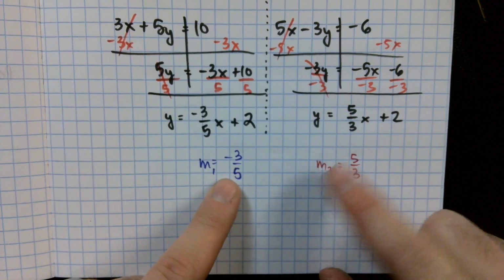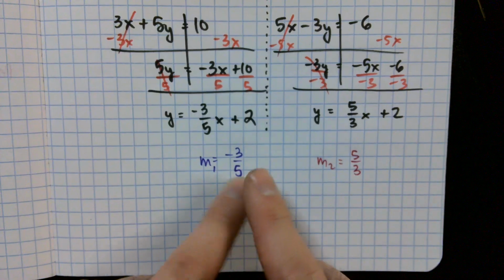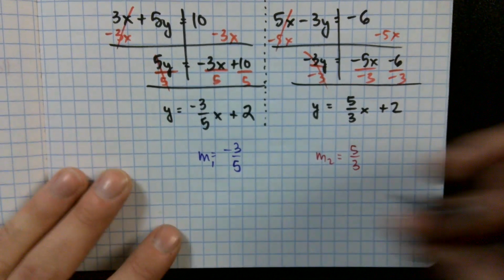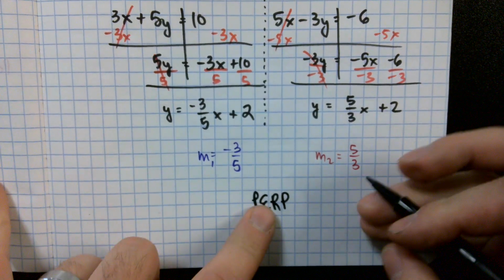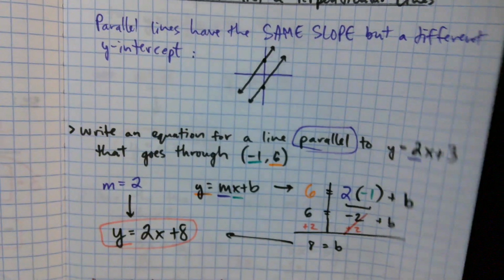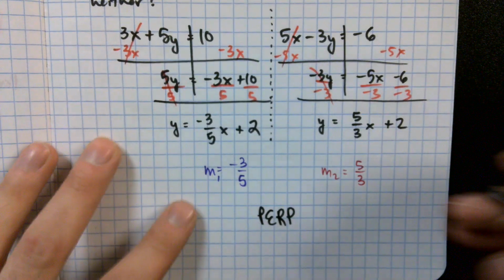The 5 went up, the 3 went down. Is M2 an inverse reciprocal slope of M1? Yeah. So what type of lines do we have? Perpendicular. Parallel lines have the same slope. Perpendicular lines have an inverse.